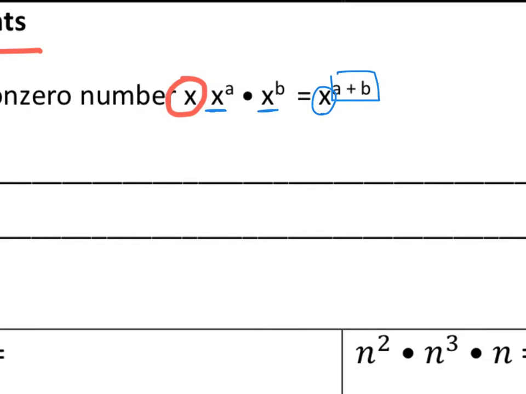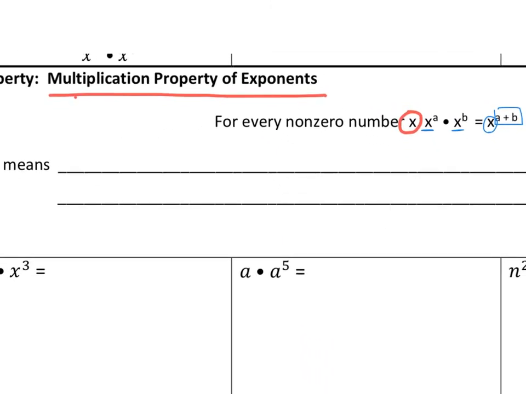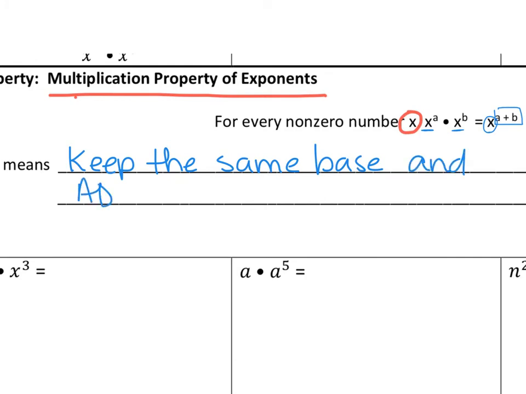So what does this mean? This means that for every non-zero number, we keep the base, so the base has to be the same, and add the exponents.